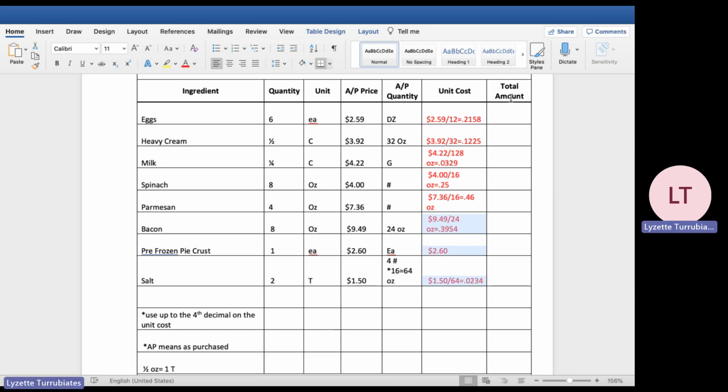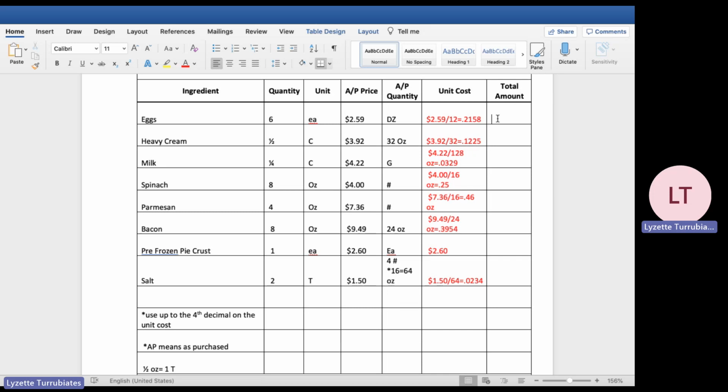Now I'm going to start calculating the total amount for each ingredient. So for the first one, this is going to be really easy, right? We're going to take our unit cost, which is per egg, and now we're going to multiply it by the quantity we need for the recipe. So this one is going to be 0.2158, which is the unit cost of an egg, and now we're going to multiply it by 6.